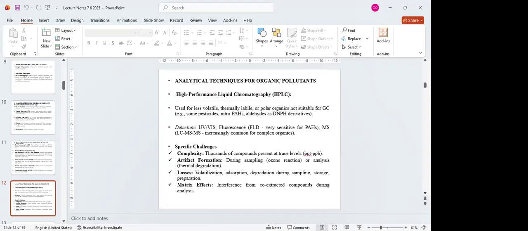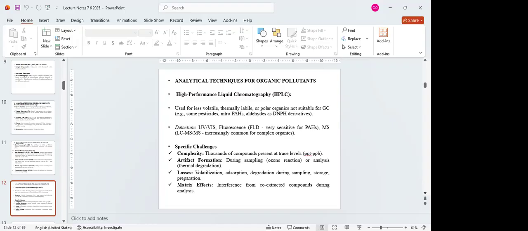We also have the LCMS version of detection for heavy materials apart from the HPLC. In fact, the LCMS is basically for liquid samples or samples with heavier molecular weight. So they primarily use UV-Vis fluorescence for the detection.